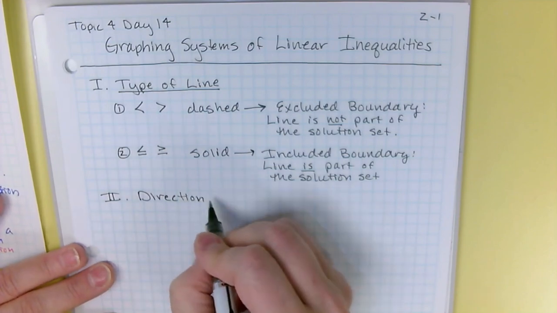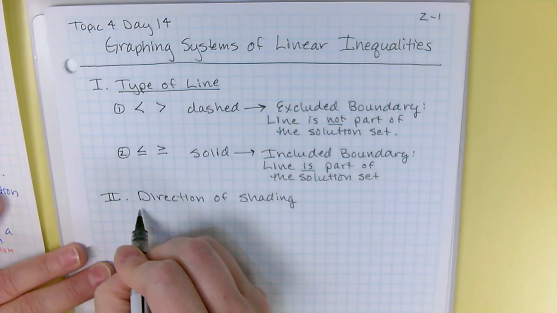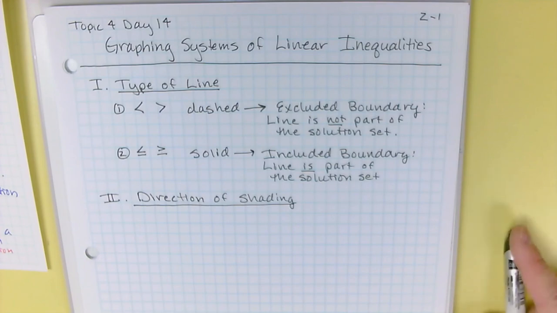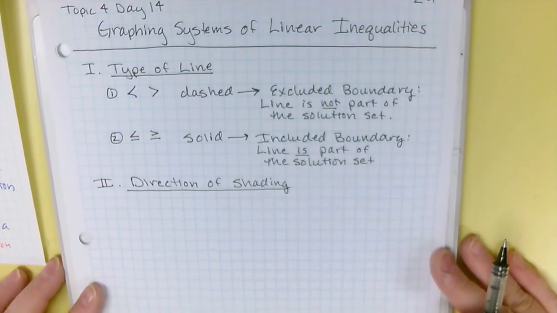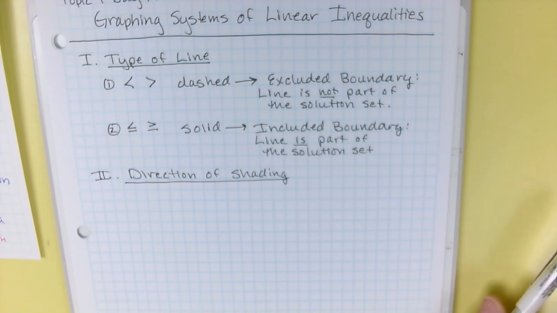Okay, Roman numeral 2. Direction of shading. So there are two ways to do shading on your graph or to figure it out. One of them is faster than the other, but you have to memorize the rule.